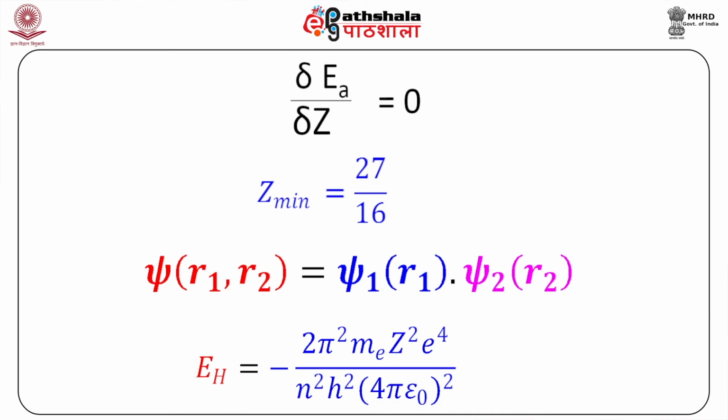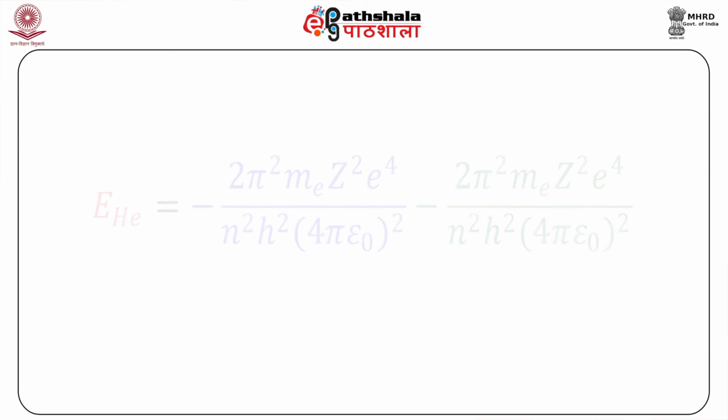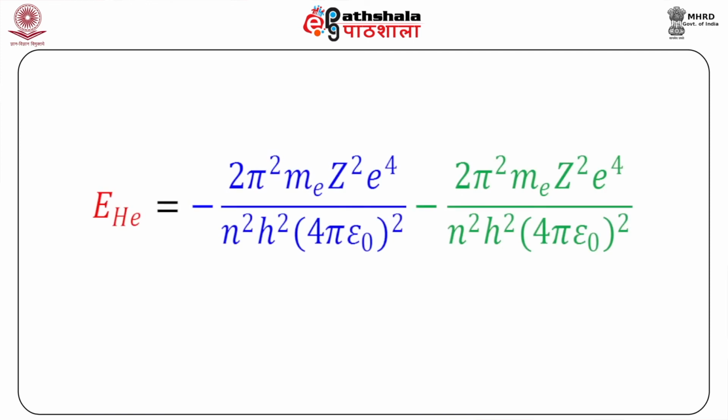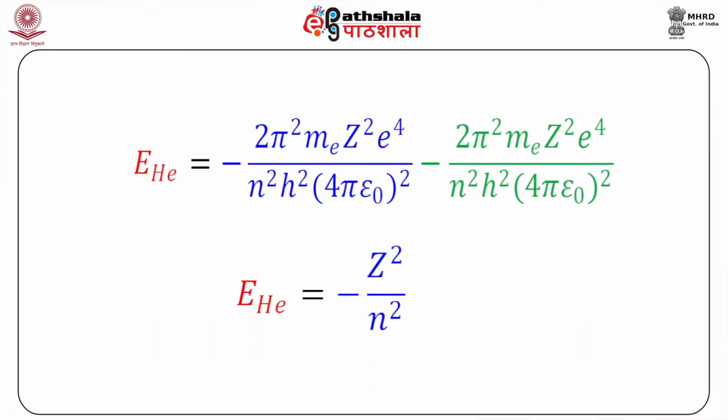So, the helium atom energy now becomes as shown in equation 20a, minus 2 pi squared m Z squared e to the power 4 upon n squared h squared into (4 pi epsilon naught) whole squared, minus the same term for each respective electron, which on simplification in terms of atomic units gives us expression 20 with n equal to 1 for ground state.